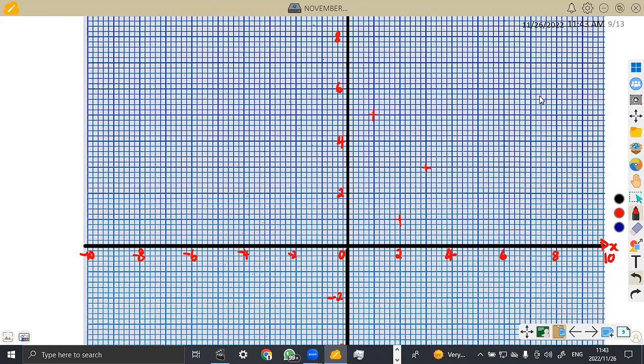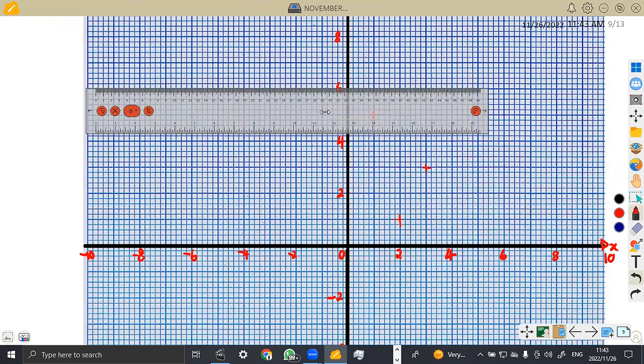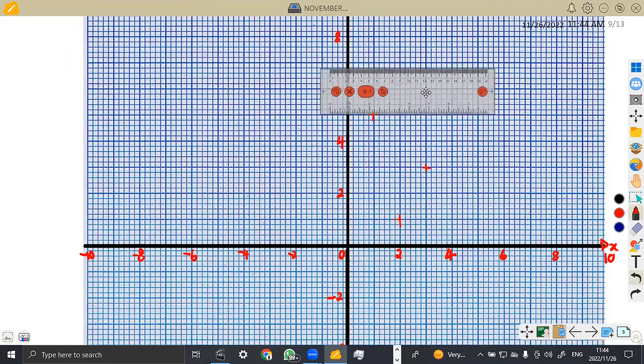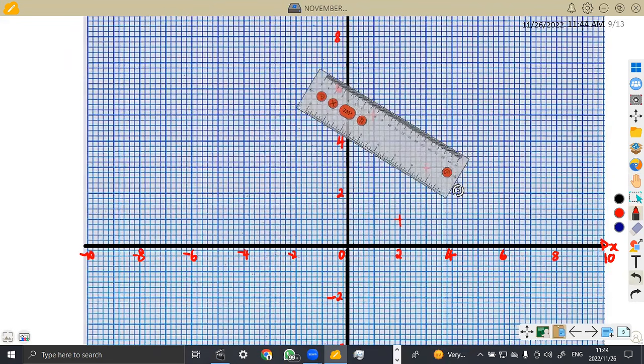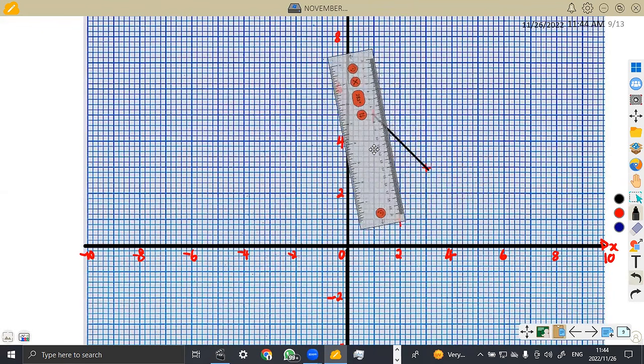All right, after marking this, we have to join the points so that we can have our triangle here. So I'm just going to have this way. I think this length is going to be enough. Let's just hope so. All right, so I'm just going to join the points here, then we name our triangle P after joining the points.